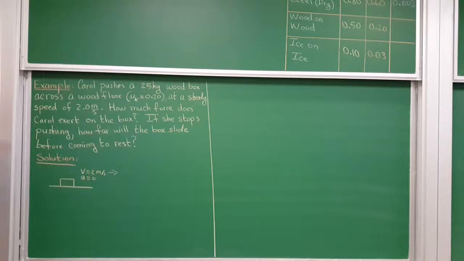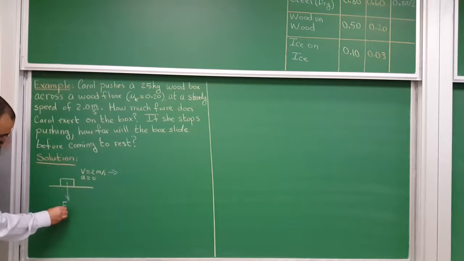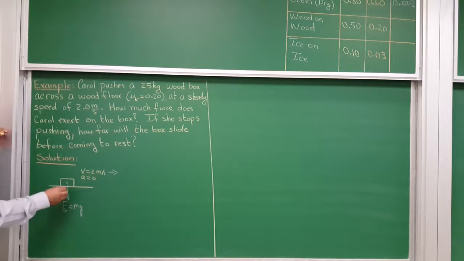So, what are the forces involved? Well, I know that it's on Earth, so there has to be the force of gravity, and it's equal to mg. I know that it's in contact with the floor, so there has to be a normal force. It's in the upward direction.